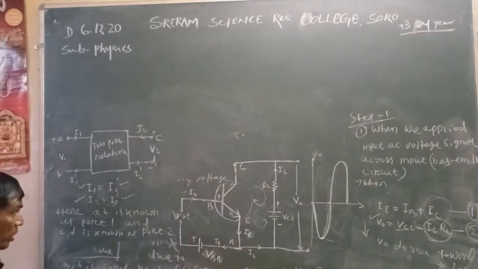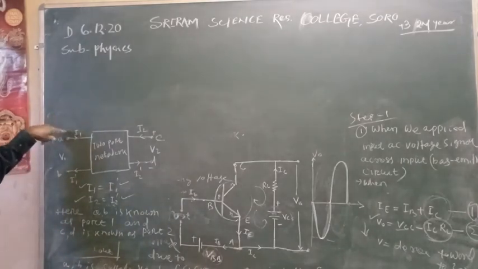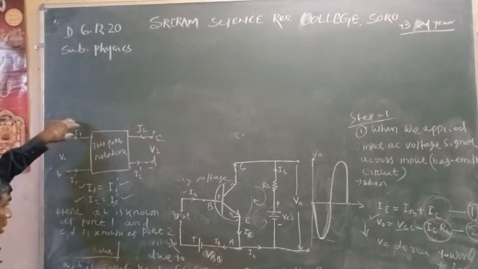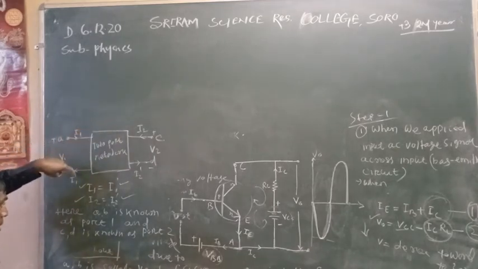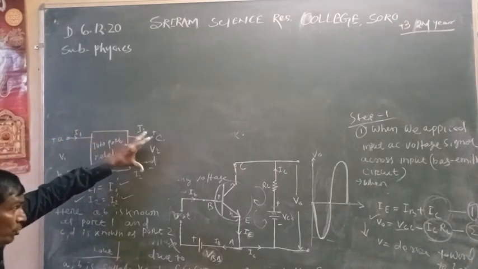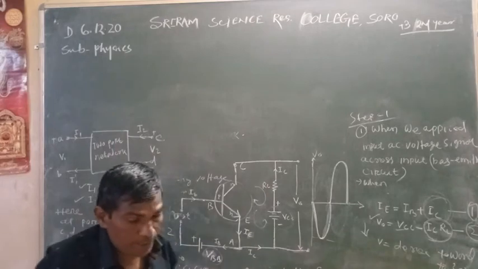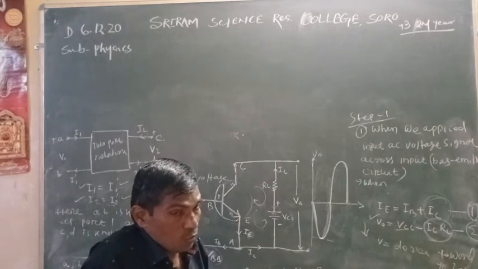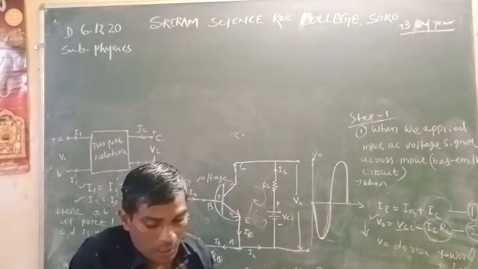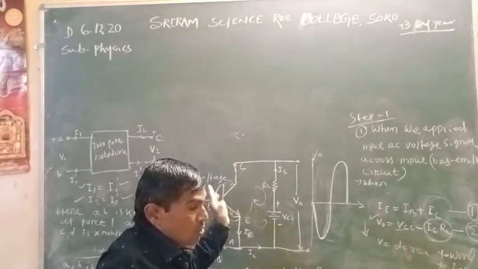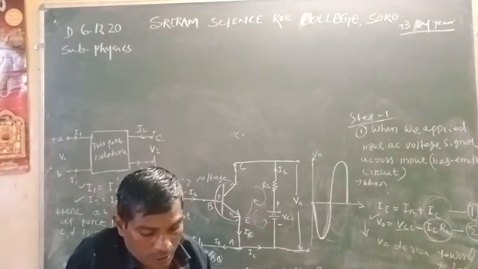So this is the two-port network circuit. The I1 current enters the network at port AB and I1 dash leaves from this network. In port CD, the I2 current enters the network and I2 dash leaves from this network circuit. This condition is also known as a two-port network circuit.